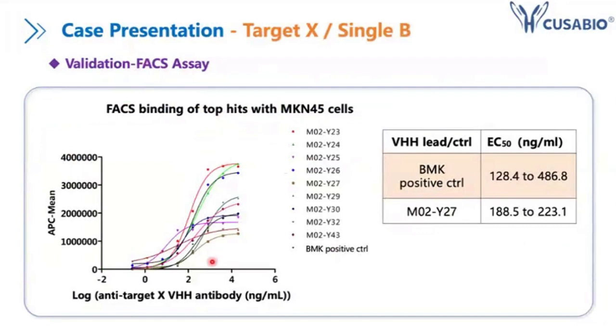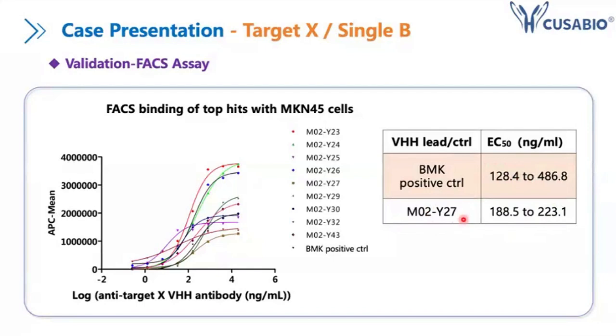For the control, we have the EC50 like this, and Y27 looks even better than the positive control. So Y27 is a very good candidate, and we are surprised to find that it not only reacts with the human antigen, but also with the monkey antigen.